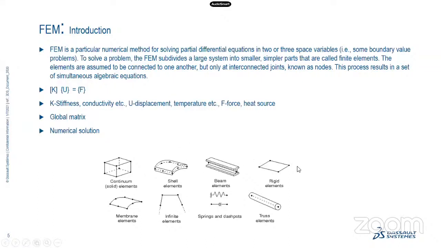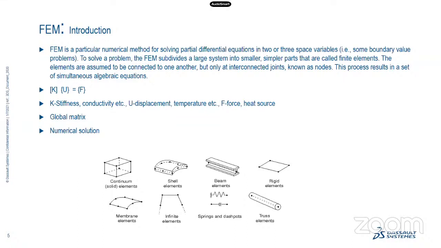These are general types of elements available in almost all the software. The idea is that the complex structure is modeled using these elements and individually solved, and we have a global matrix by assembling these individual ones and then numerically solve it. So that's about FEM.